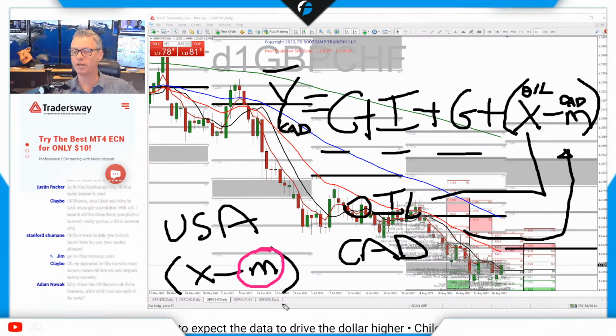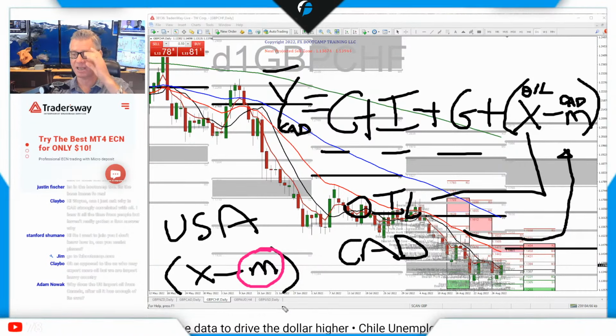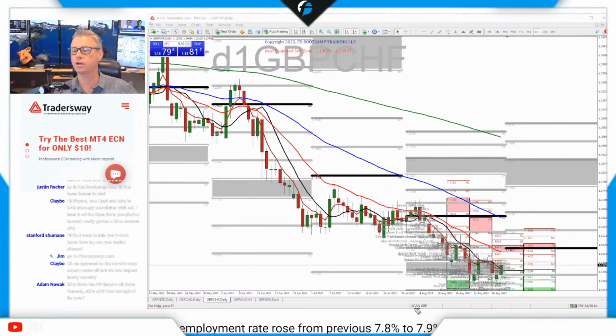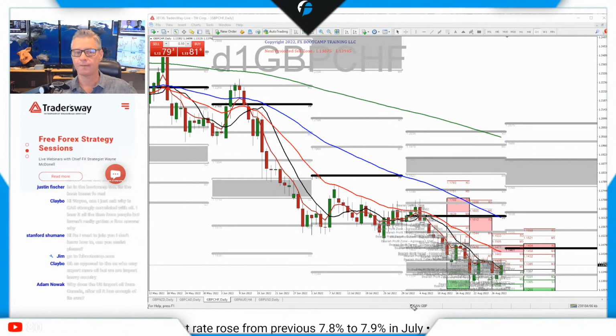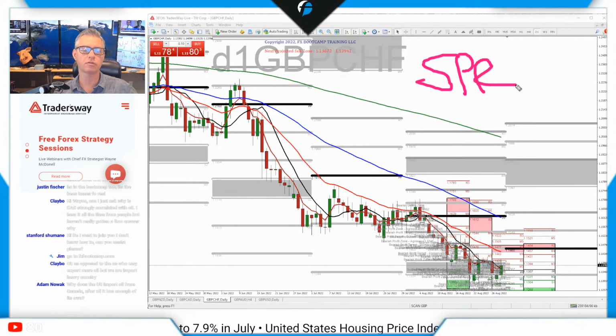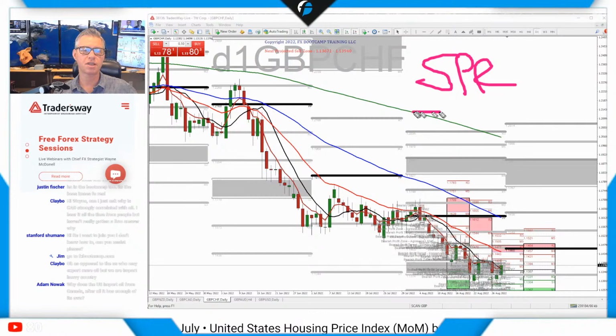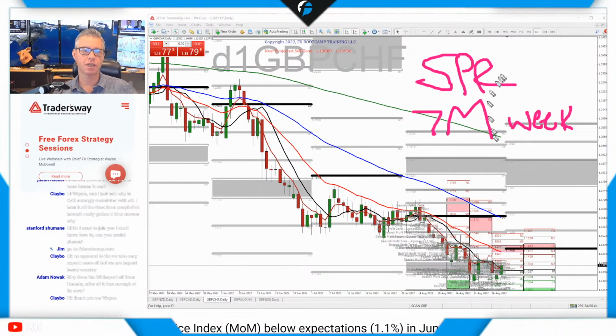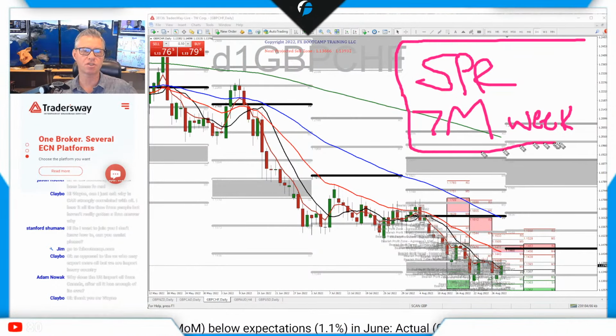So Adam says, why do they import oil from Canada as it has enough of its own? It does not have enough. Okay, Adam? Again, I track this stuff on a regular basis. Even with the Strategic Petroleum Reserve, which is at least 7 million barrels a week, that's the stuff you're not supposed to touch.